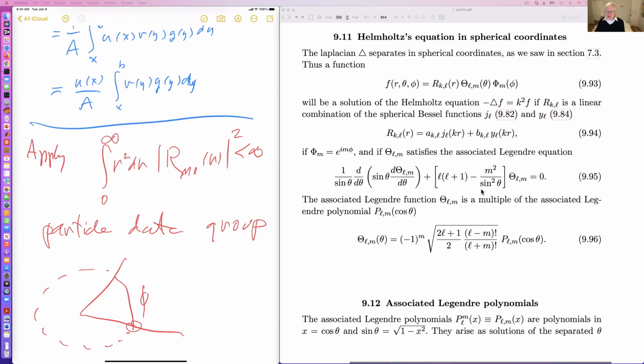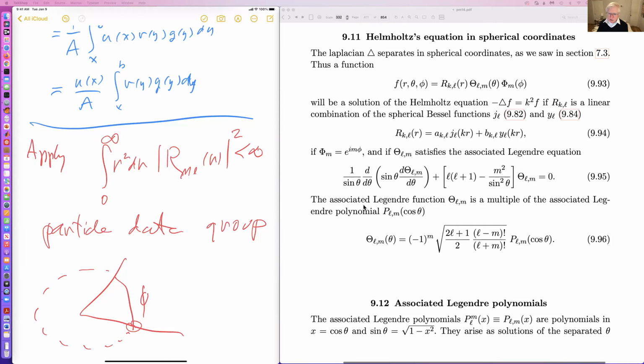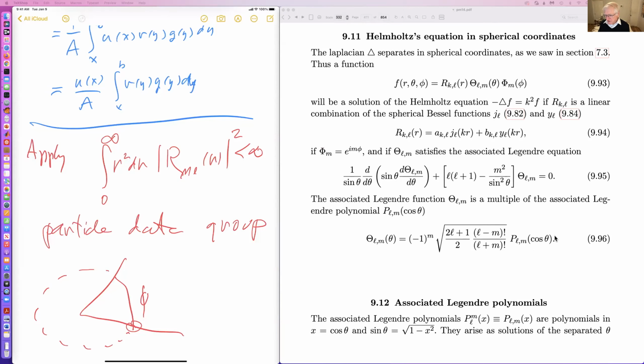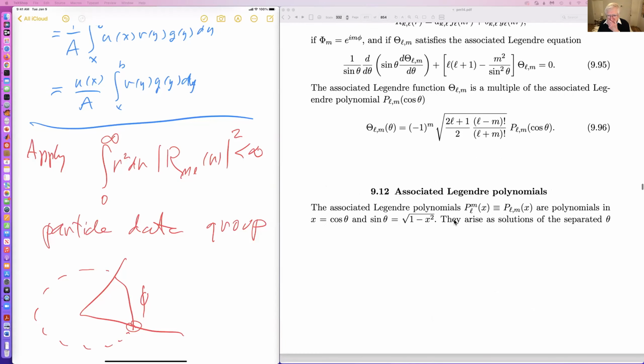This again is something you've seen in electrodynamics classes. And this is a particular multiple of something called the associated Legendre polynomial, which is a polynomial in sine theta and cosine theta, or effectively a polynomial in x and the square root of 1 minus x squared. This complicated square root is just to have nice normalization.